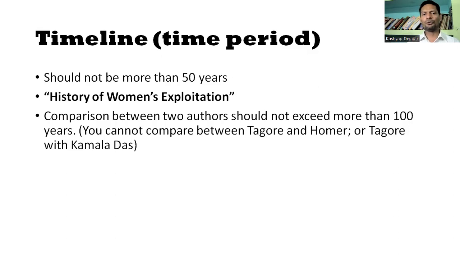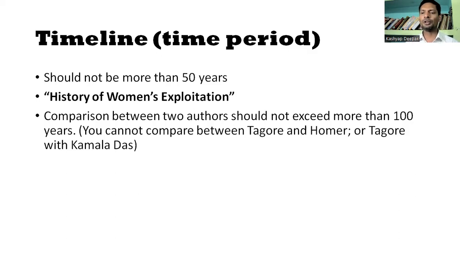For example, if we are choosing a title, History of Women's Exploitation, then it would be impossible. And even if we choose just 100 years of the history of women's exploitation, from 1901 to 2000, there are several things. There are more than 200 countries, and we cannot count the exploitation of women in all countries.